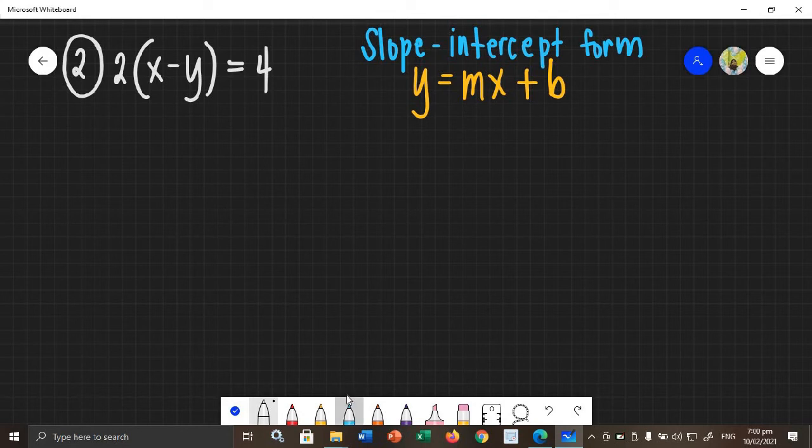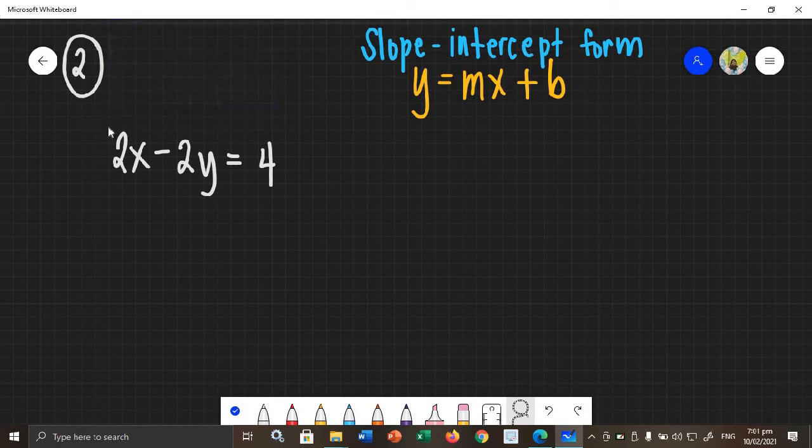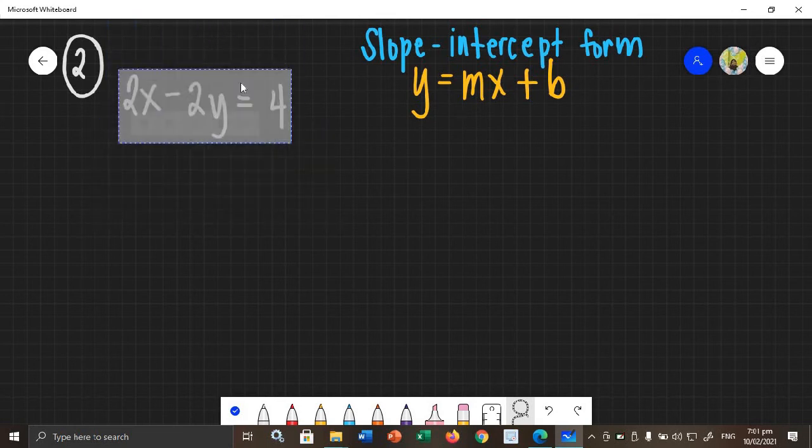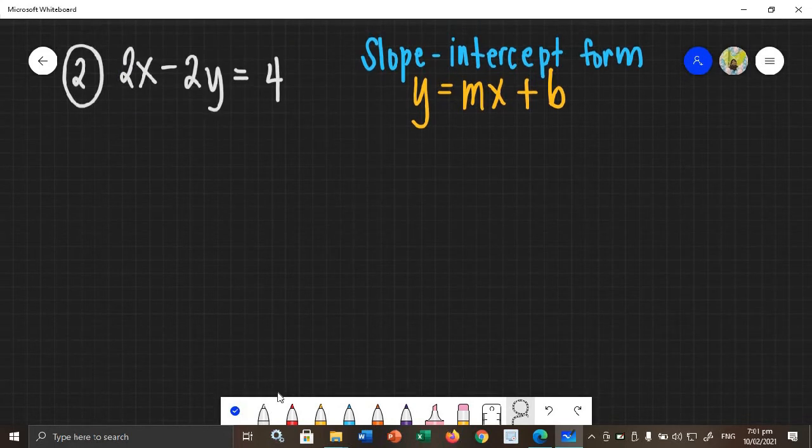So what we need to do is that we need to distribute yung 2 muna to x and y para ma-cancel out yung parentheses. So we have 2 times x, that is 2x, 2 times negative y, that will be equal to negative 2y, and then equals 4.